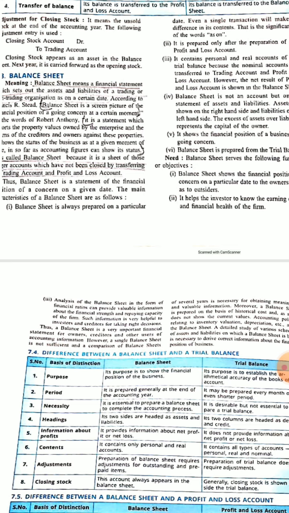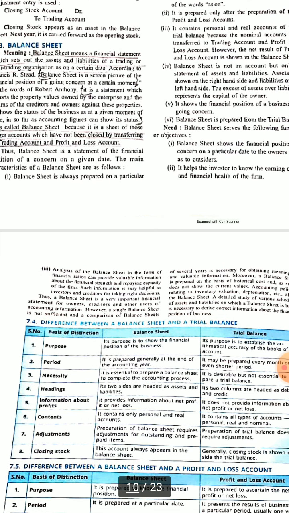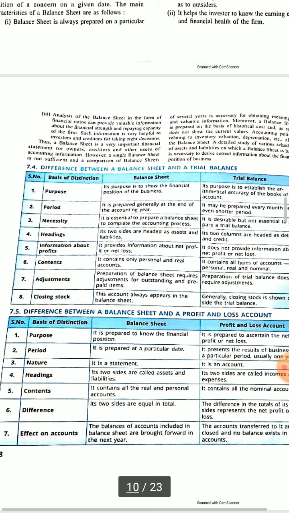That is why "as on" is written in the case of a balance sheet. If it is written as on 31st 12 2019, that means it is representing the financial position on the 31st of December 2019.